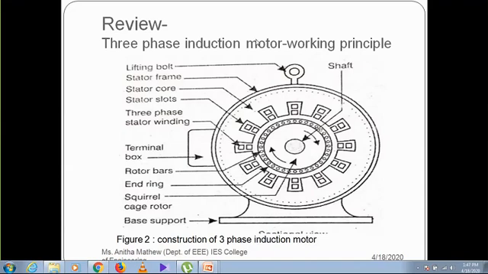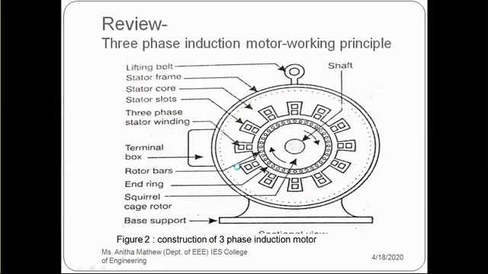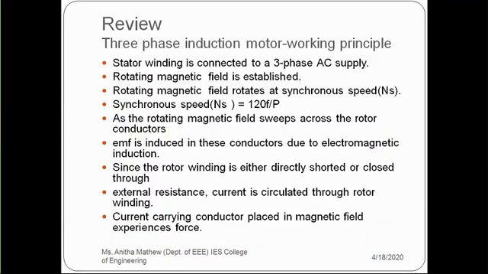The speed of the rotating magnetic field is known as synchronous speed. And this synchronous speed, ns, is equal to 120 f by p, where f is the frequency and p is the number of poles.